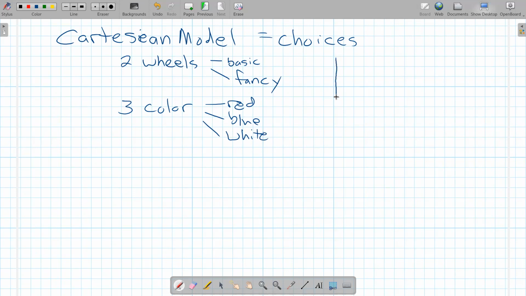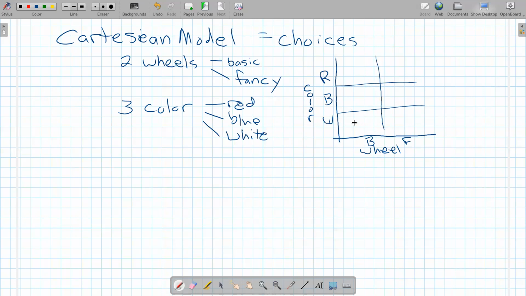And if I can make a grid with these choices and maybe put the wheel choices over here and the color choices over here, my red, blue, or white, and my basic or fancy wheels here. And that gives me these different combinations in a grid here.